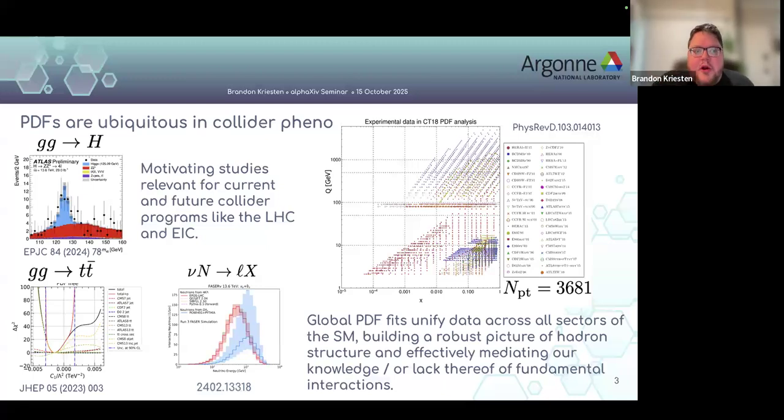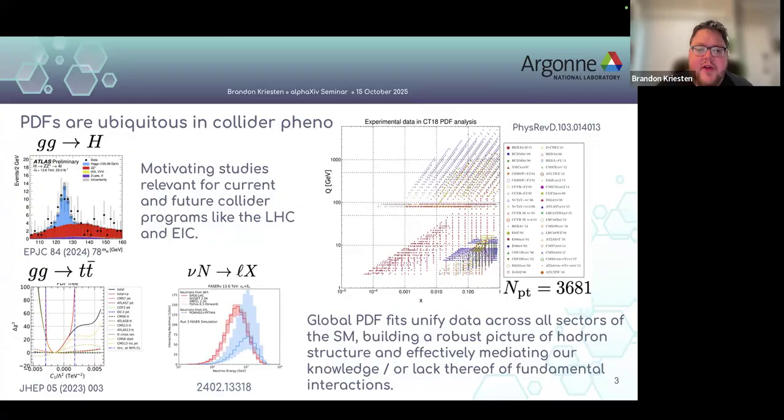Now parton distribution functions are ubiquitous in collider phenomenology. Effectively, whenever we're colliding hadrons or colliding hadrons with leptons, we're going to need to use parton distribution functions to describe our data.